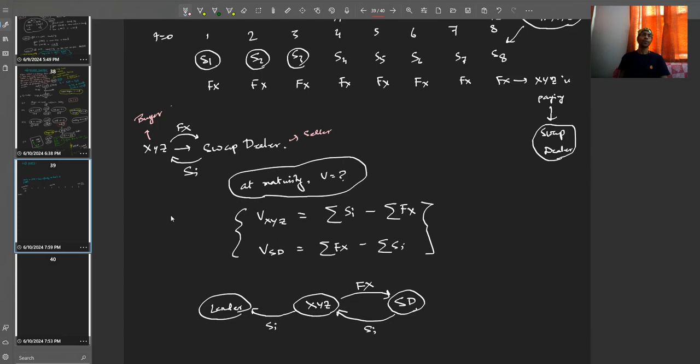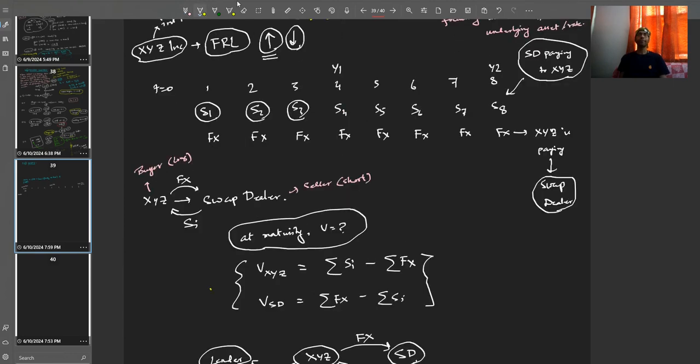The buyer, as we said before, is the long person or the long entity and the seller is the short entity. How do you confirm it? Let's say if interest rates fall, who benefits, friends? The one who is paying the variable payments in this swap. Who is paying the variable payments? The swap dealer is paying the variable payments. So, the swap dealer has a short view of the interest rates.